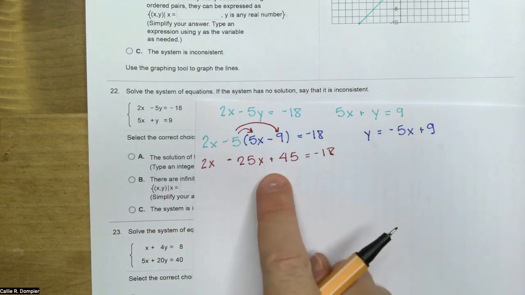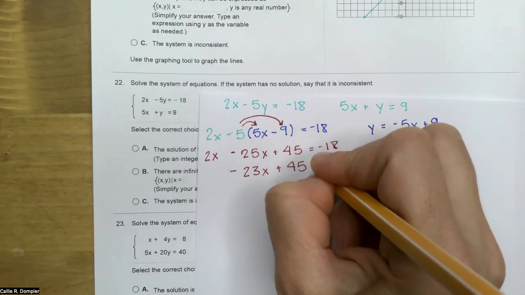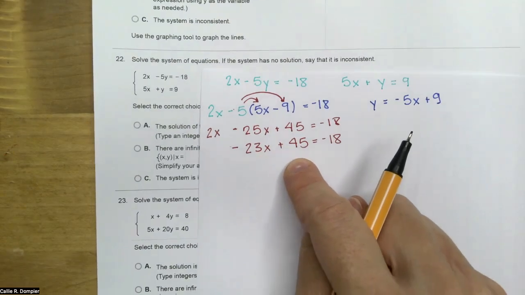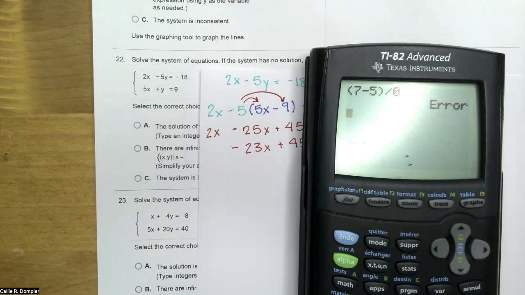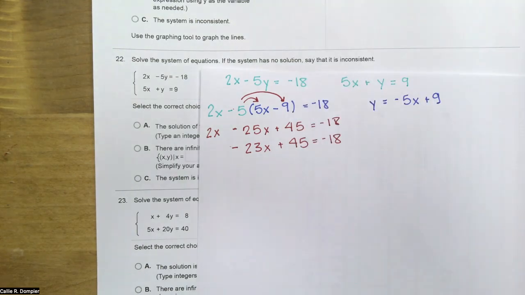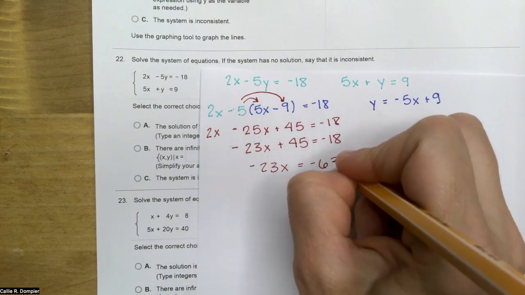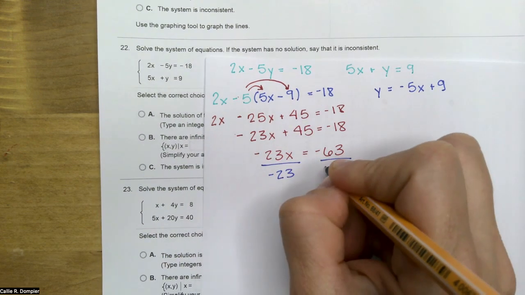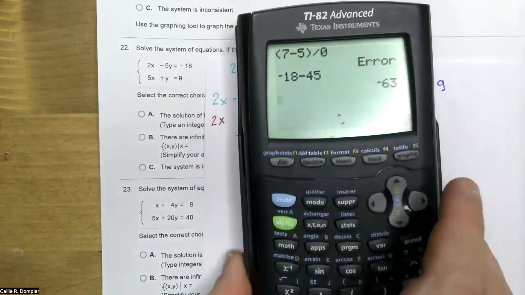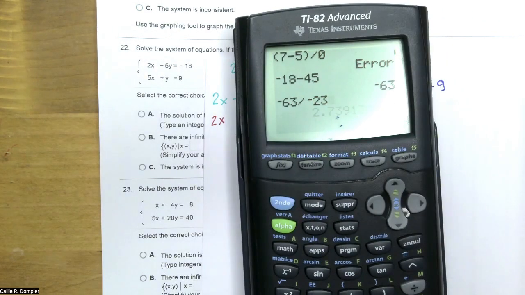Combine your like terms. 2x minus 25x is a -23x plus 45 equals -18. Subtract that 45 from both sides. So -18 minus 45 is -63. Divide both sides by -23 to get x alone. -63 divided by -23.